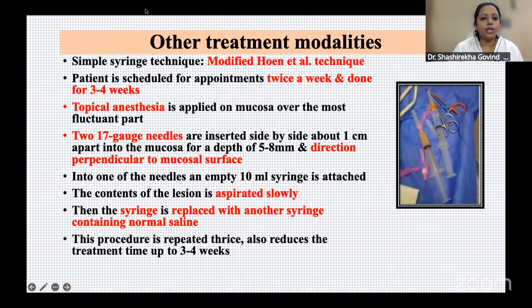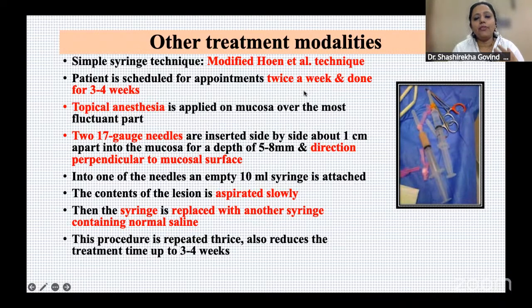So now these are the treatment modalities. What are the other treatment modalities? That's what I was telling you. If it is an extraoral swelling, one is you give an incision, or a stab incision around the dependent area. Another technique is the syringe technique, which I told, the negative pressure syringe, also called the modified Horn et al. technique.